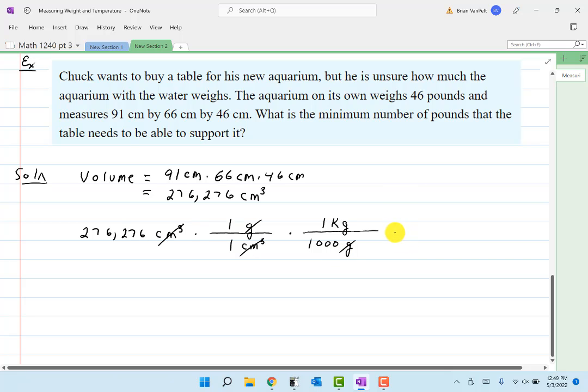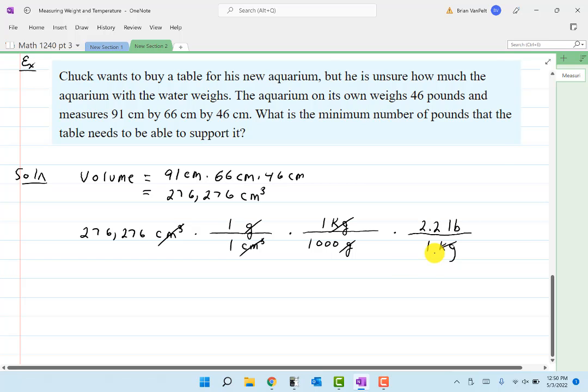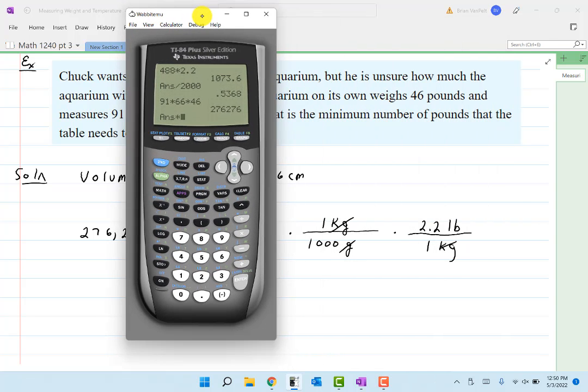And then finally, to get it into pounds, I know that 1 kilogram equals approximately 2.2 pounds. So all that's left standing in the numerator is the 276,276 times 2.2, and all that's in the denominator is 1,000. So I'll multiply by 2.2, and then I will divide by 1,000.